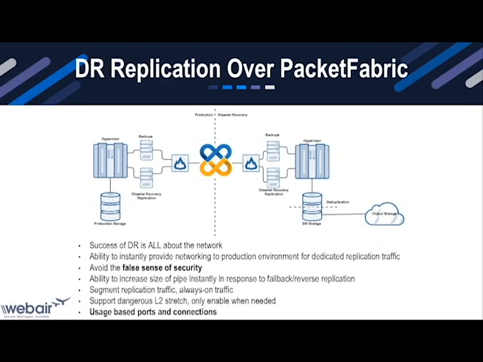There are some interesting capabilities that PacketFabric has given us for that as well. So that's the first one here, and like Anna said, you don't realize you need it until you need it, and you've got to think about it before you go out and build a DR.